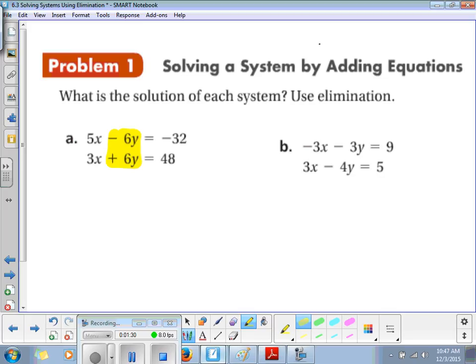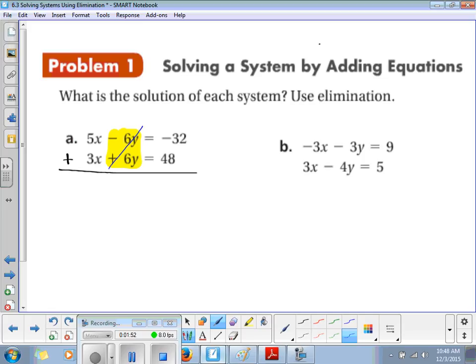So if I am adding these equations, I have negative 6y plus 6y. That will cancel out, right?